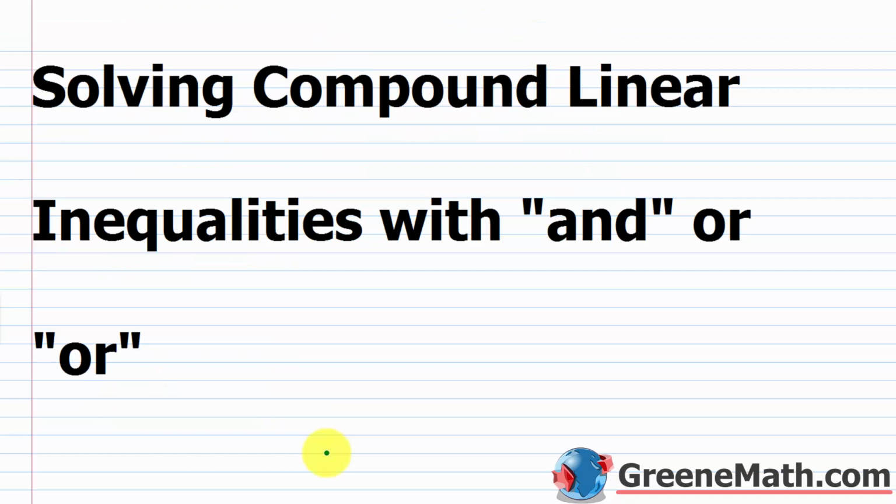In this lesson, we want to review solving compound linear inequalities with and, or. So in our last lesson, we talked about how to solve a 3-part inequality. And essentially, we looked at problems like, let's say negative 4 is less than 3x plus 5, which is less than 20, okay?